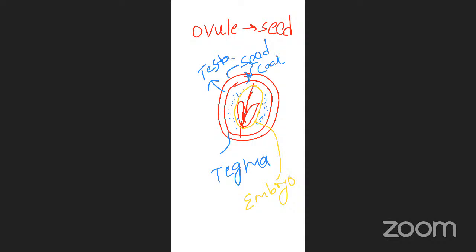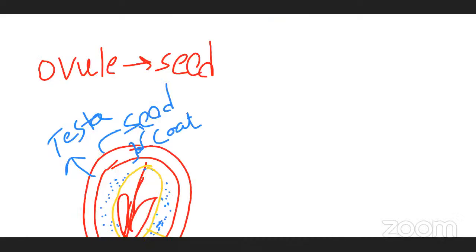The seed coat is also useful for dispersal of the seed, not only protection.